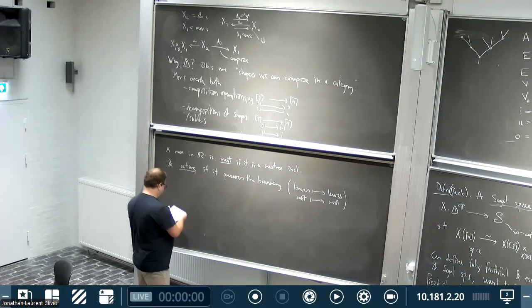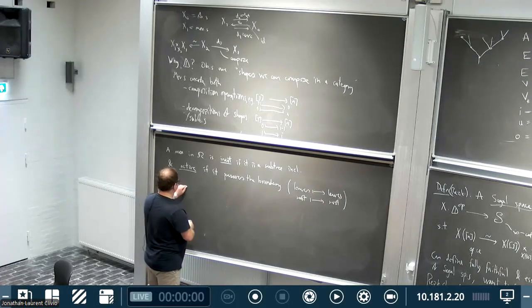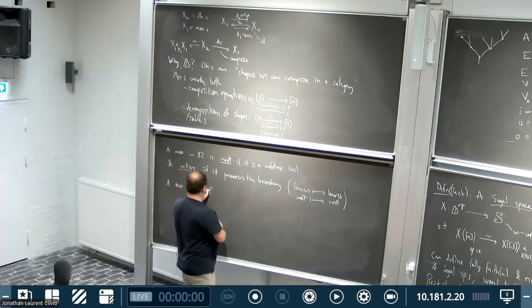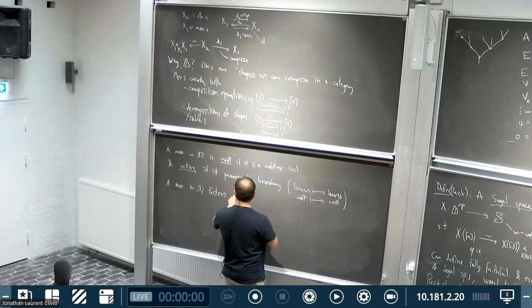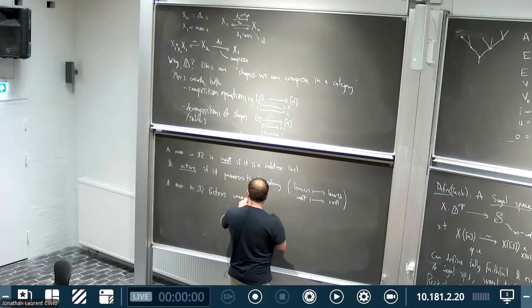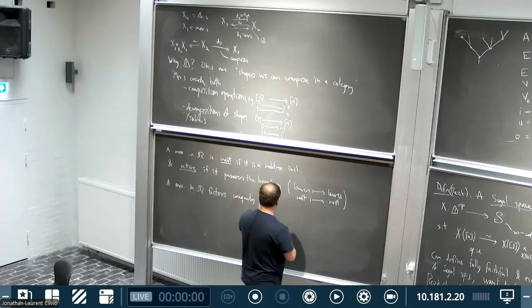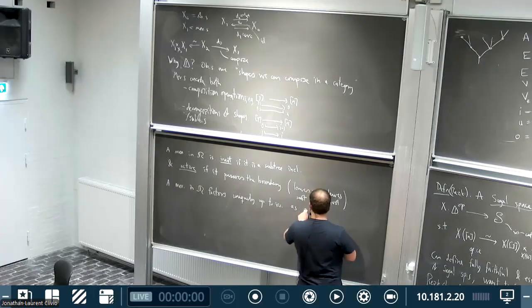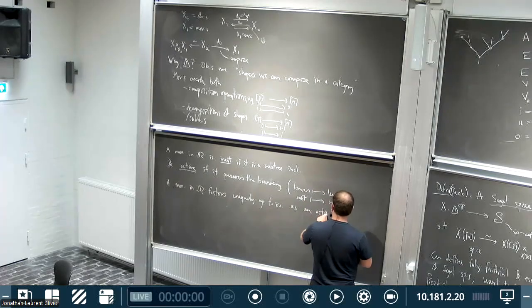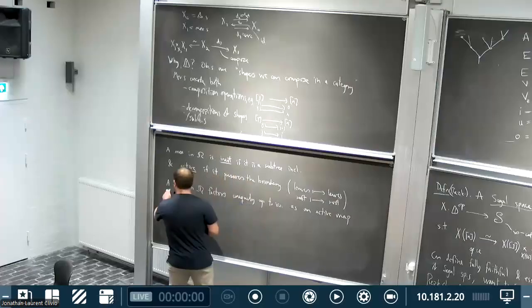And so you can write any morphism in omega uniquely as an active map followed by an inert map.